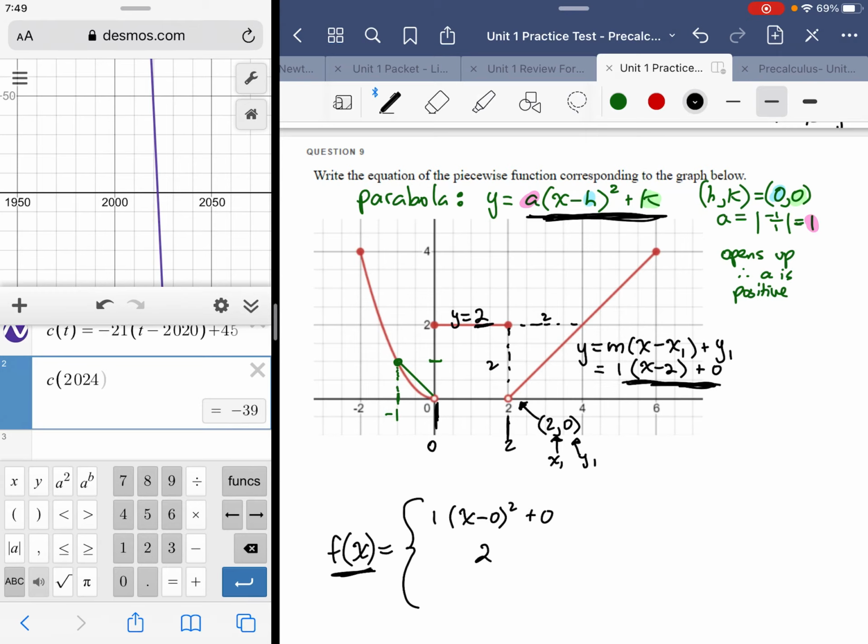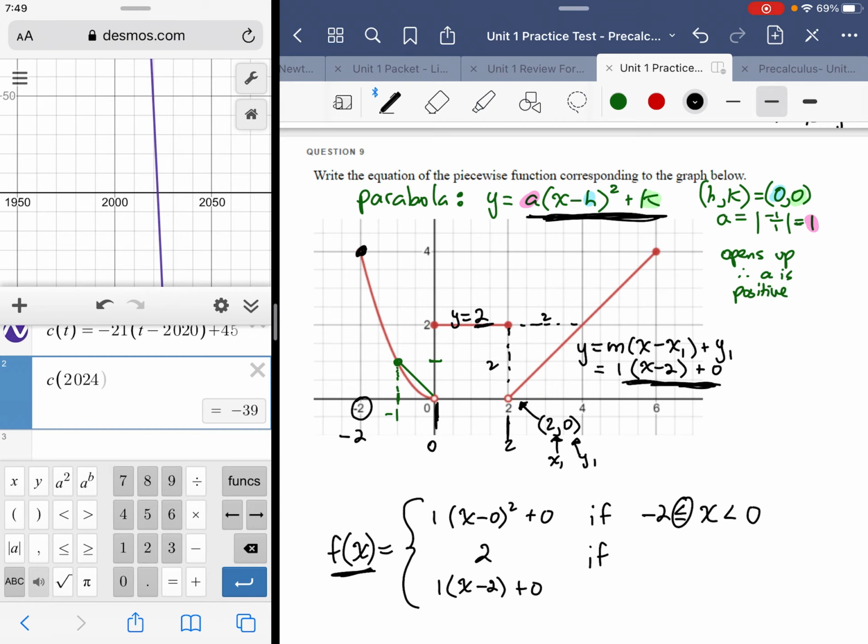And then 1 parentheses x minus 2 plus 0. That truncated parabola goes from a negative 2 to a 0. Solid point here, so it's a less than or equal. Open circle at 0, so that's a less than.